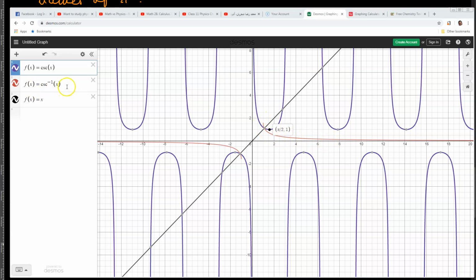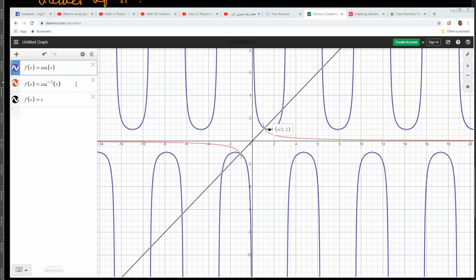The reason is that the calculator is giving us only the part which is actually defined in mathematics, and in mathematics only this part is defined. So this is the principal value branch of the cosecant inverse function, right?